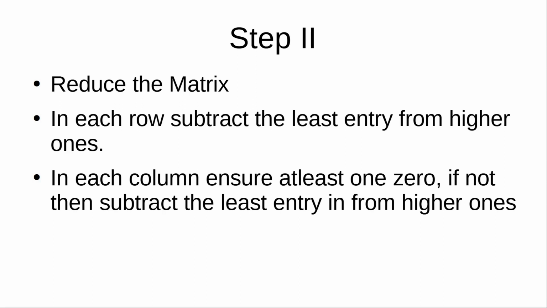Each column should have at least one 0. In case a column does not have any 0, we take the columns which do not have 0, check the least entry in that, and subtract that from the higher ones. Of course, in both these steps, the row step and the column step, we subtract the entry from itself also, so that leads to a 0.